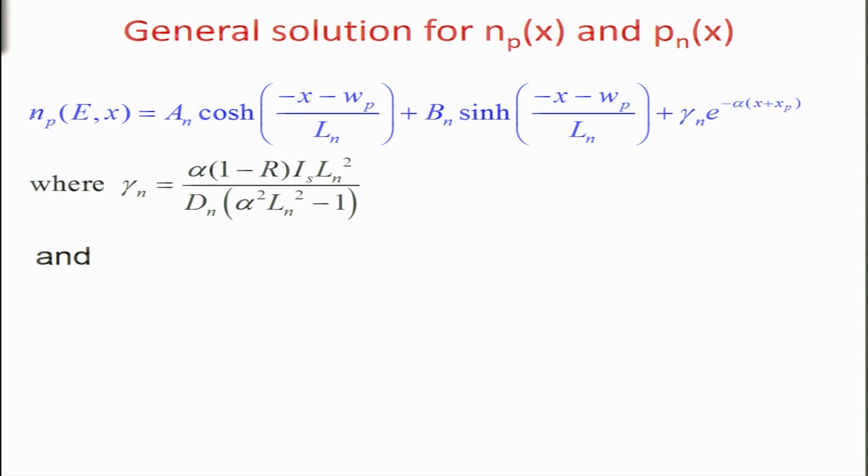n_p(x), that is minority carriers on the P side. So, electrons on the P side, their concentration as a function of distance varies as A_n cosh of minus (x minus Wp) divided by L_n plus B_n sinh of minus (x minus Wp) by L_n plus gamma_n exponential of minus alpha into (x plus xp), where this term gamma_n is alpha into (1 minus R) in L_n squared divided by D_n into (alpha squared L_n squared minus 1).